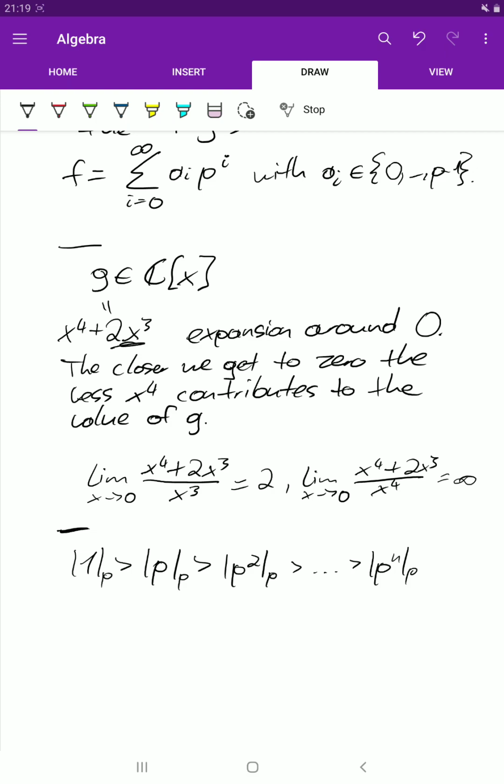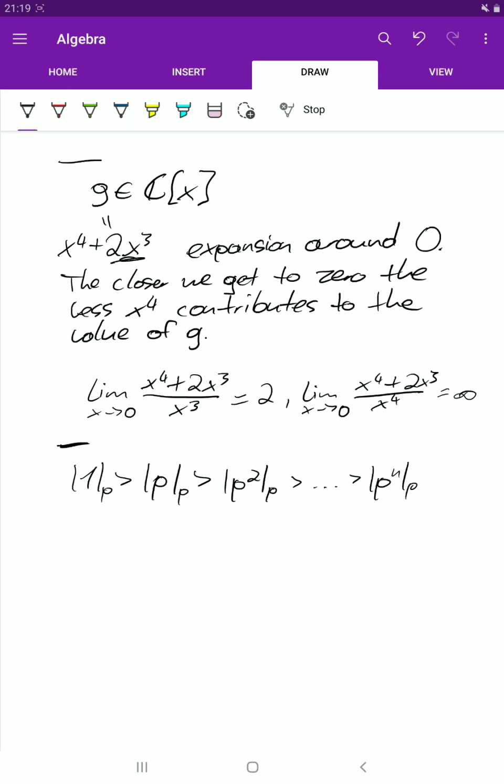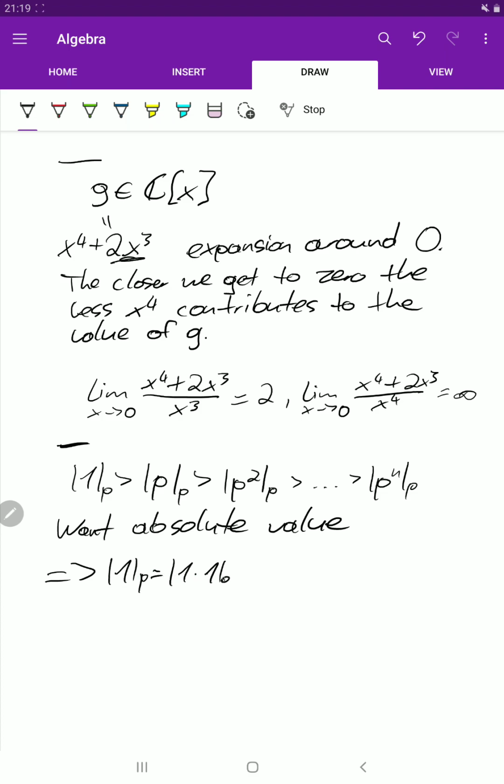Now let's look at the following. If we really want an absolute value, this means that we want it to be multiplicative. So first note that |1|_p is equal to |1 times 1|_p, which is |1|_p times |1|_p. That means that this has to be 0 or 1, but we say it's not equal to 0 because otherwise everything would be 0.